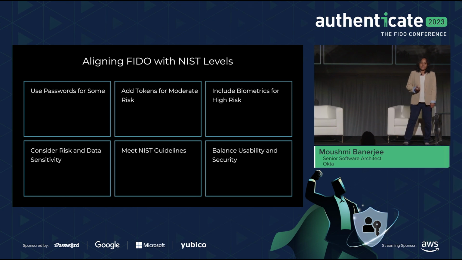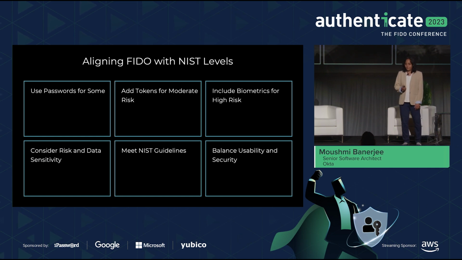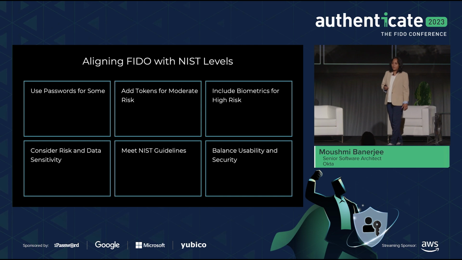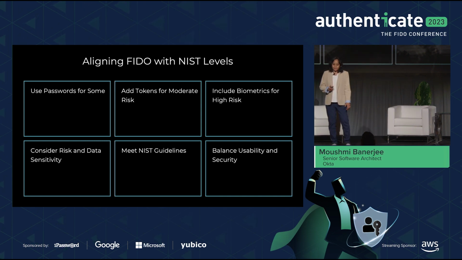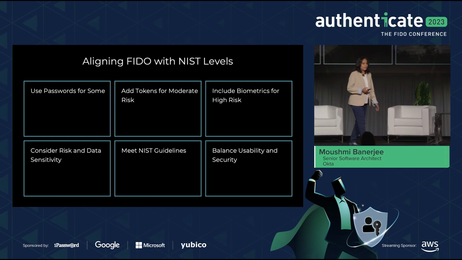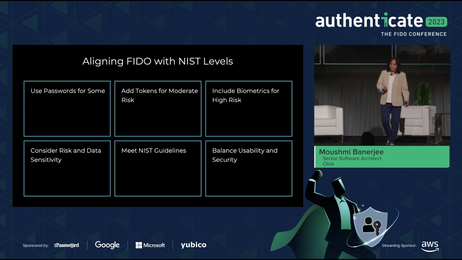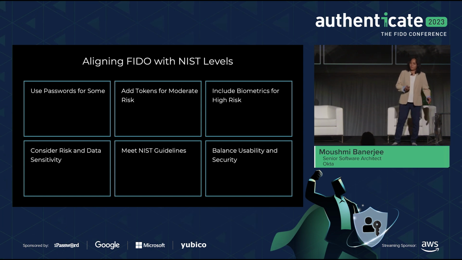You start by categorizing different risk levels into low, medium, and high. That's the first thing. Then you align your risk level to the authentication assurance levels that we talked earlier, L1, L2, L3. Then you choose an authentication based on its strength that we discussed earlier, low, medium, or high strength.